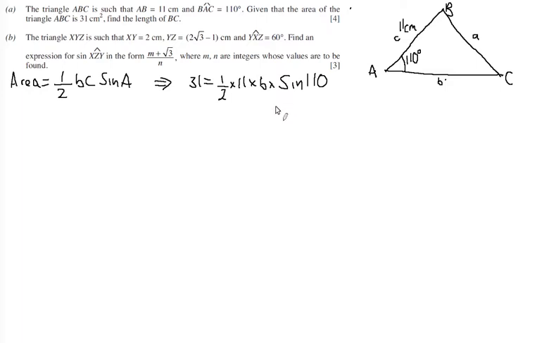So if I now divide both sides, half times 11 is 5.5, so I've got 5.5 sine 110.